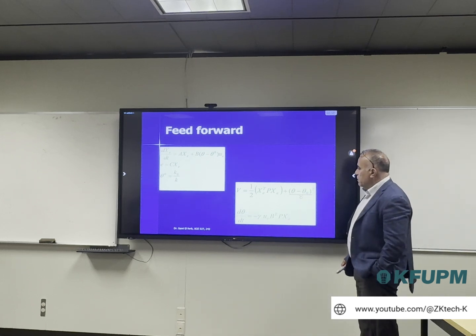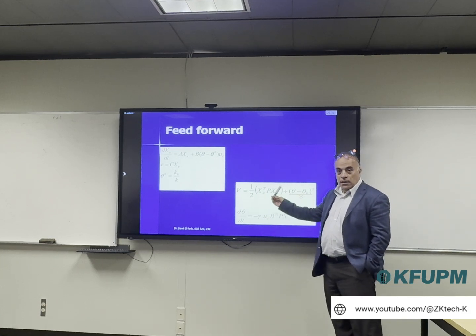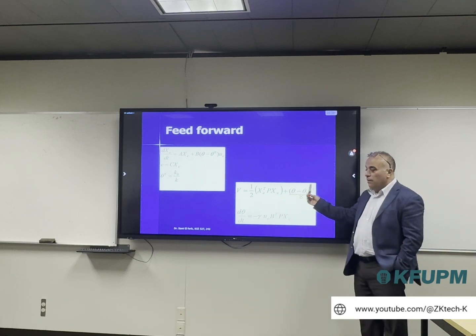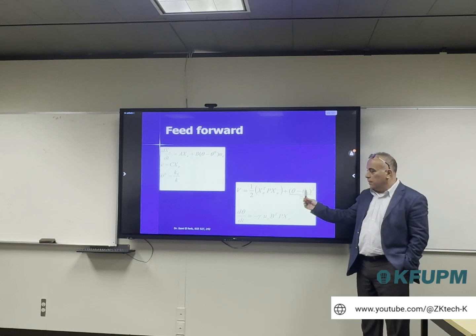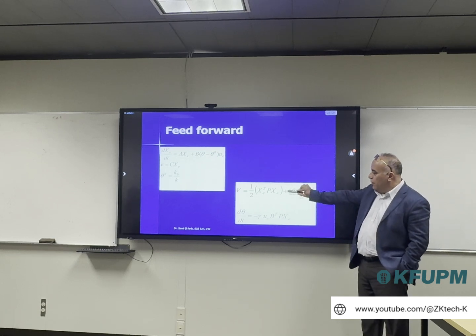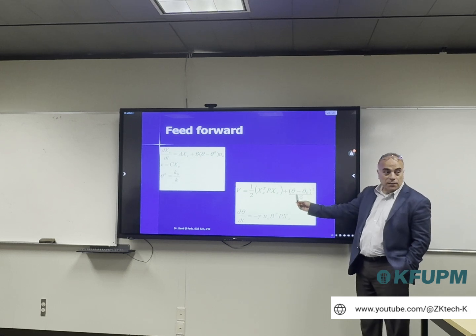Now, the first thing that we have to know is that the Lyapunov function is not only a function of the state, but it's also a function of the parameters that you don't know, that you are trying to estimate. Right? This is the way we construct it. So if you look at any Lyapunov function that is not adaptive, you will not find these parameters here.